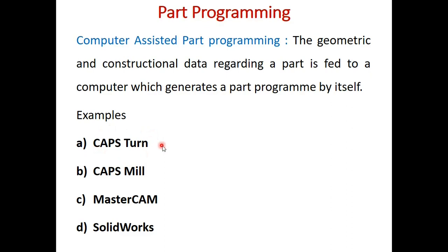CAPSTURN is used for CNC turning machines, and for milling machines or vertical milling machines we use CAPSMILL. These are purely software available for CNC programming, and these two, Mastercam and SolidWorks, have a feature of writing CNC programs. In these you can draw a 3D model, either of them, and then you can generate the CNC code by giving additional information.